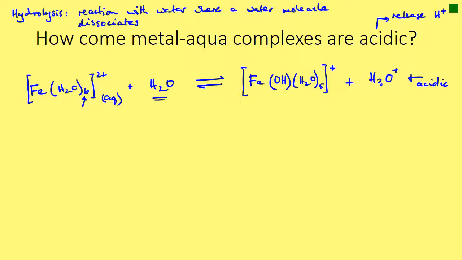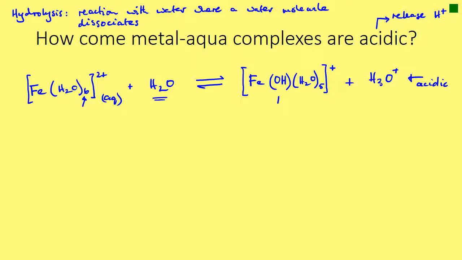All right, so just to recap, what we've done here is we've done a hydrolysis reaction, which is a reaction with a water molecule that involves another molecule, in this case also a water molecule, breaking down. So one of our 6 water ligands has lost a hydrogen ion, and what remains is a hydroxide ion.